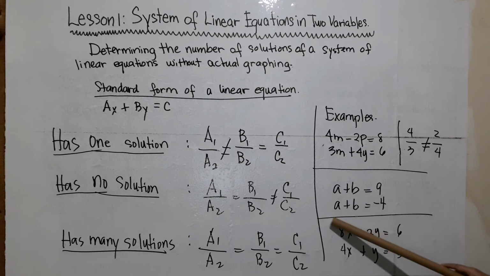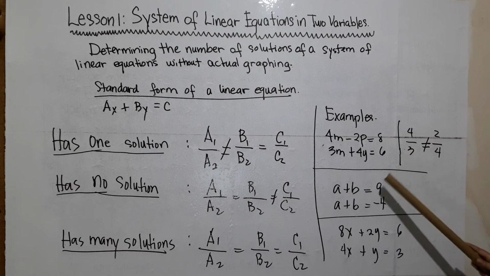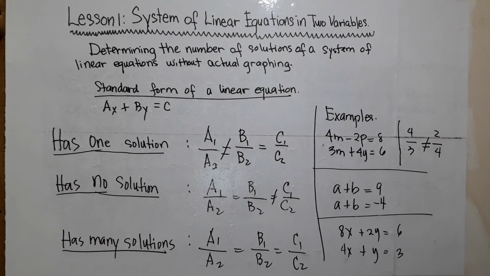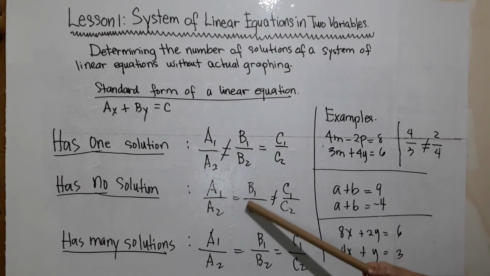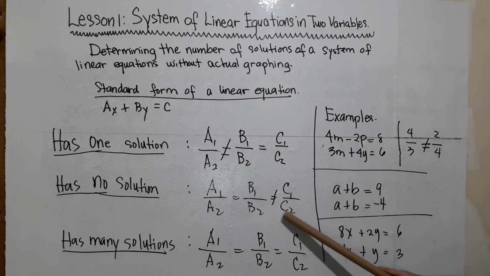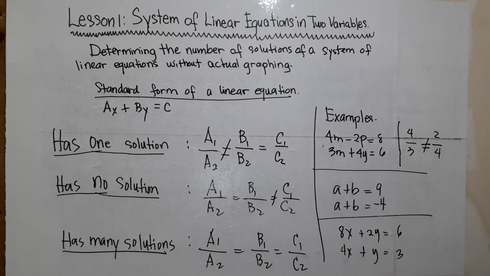So the ratio of the first term is not equal to the ratio of the constant, or the third term. So if the ratio of the second term and the constant are not equal, no solution is expected.